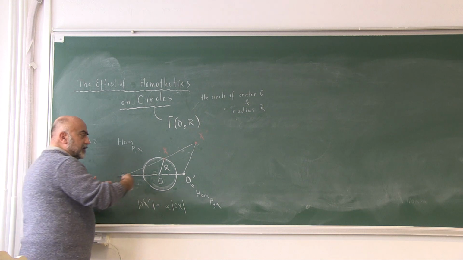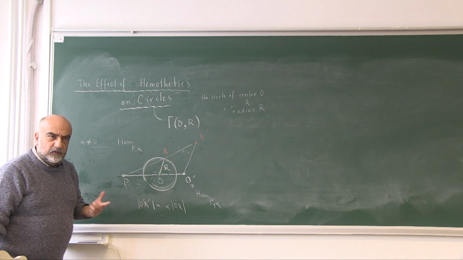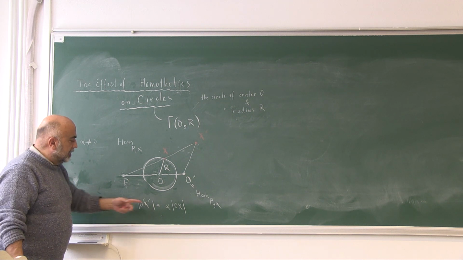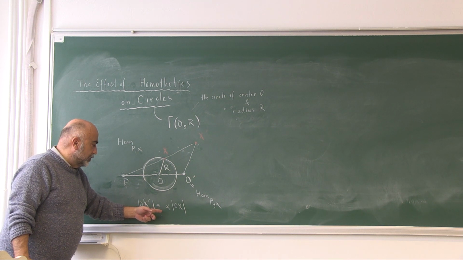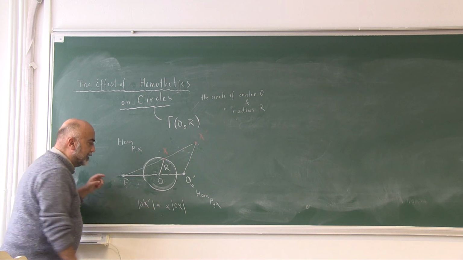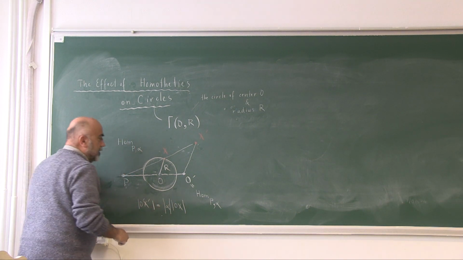So everything is being enlarged by a factor alpha. Now the mistake is of course obvious. Alpha can be a negative number. So if I want to know what happens to the length, I must really take the absolute value of alpha.